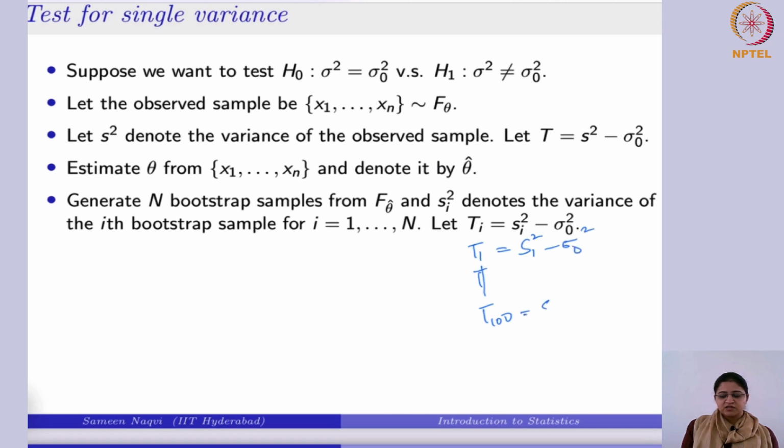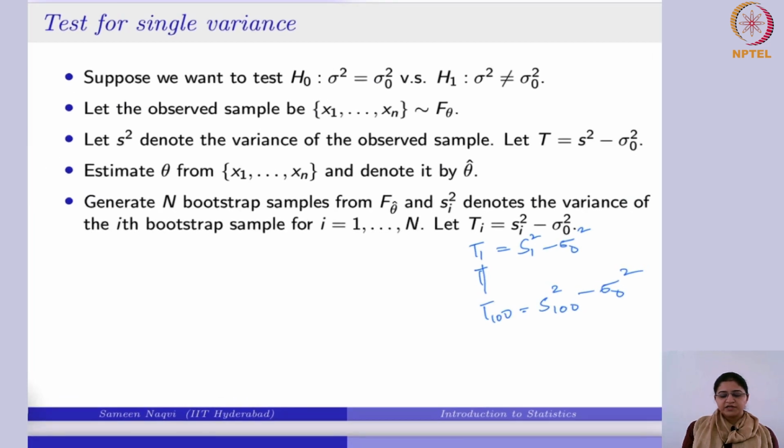Once you have done that, you will take the absolute values of these Tis and compare whether they are greater than the absolute value of the observed statistic. So Tis are your bootstrap statistics and these are your observed ones.